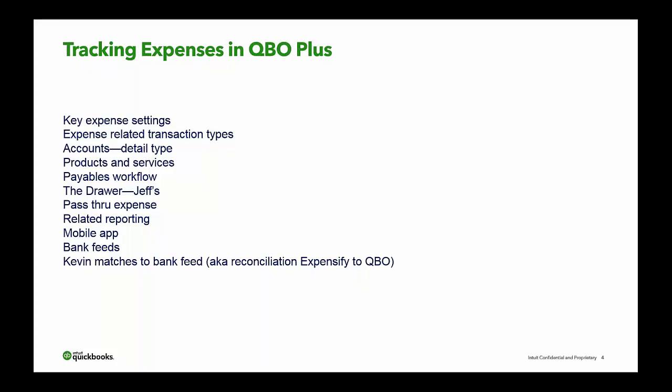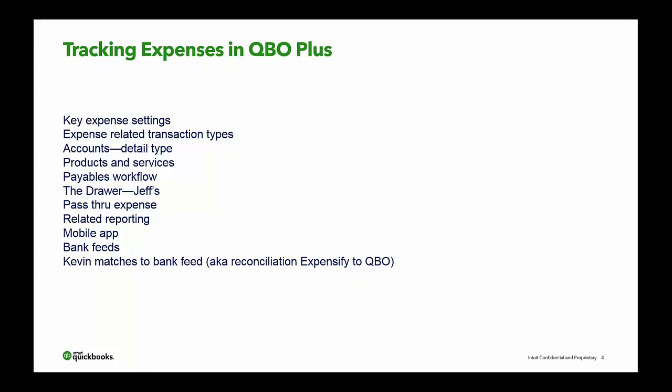And that's why I really like QBO Plus as a SKU level for most of our clients. Double-sided items are one advantage, even though Expensify will connect to all, like Simple Start, Essentials, and Plus, and I think desktop as well. Then the drawer, a payables workflow, pass-through time and expense, related reports, and then I'm going to try to dive into the mobile app real quick.